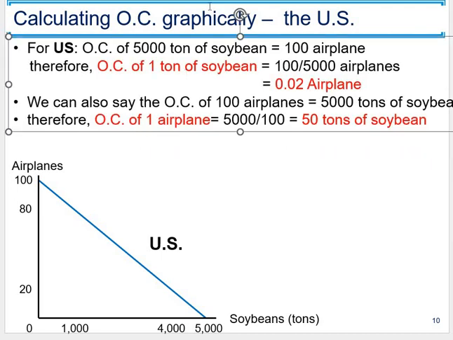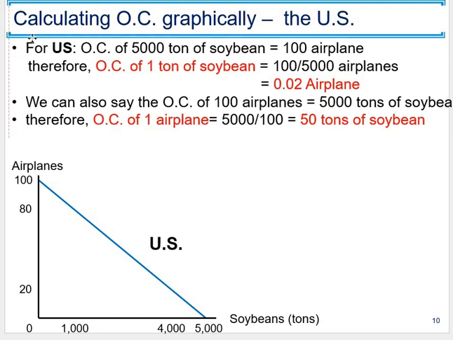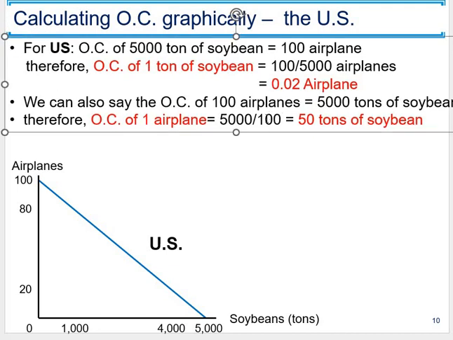If from here we divide both sides of this equation by 100, then we have the opportunity cost of 1 airplane equals 5,000 tons of soybeans divided by 100. If we simplify, we have 50 tons of soybeans, which is exactly how much soybean we could have produced but instead chose to produce 1 airplane.